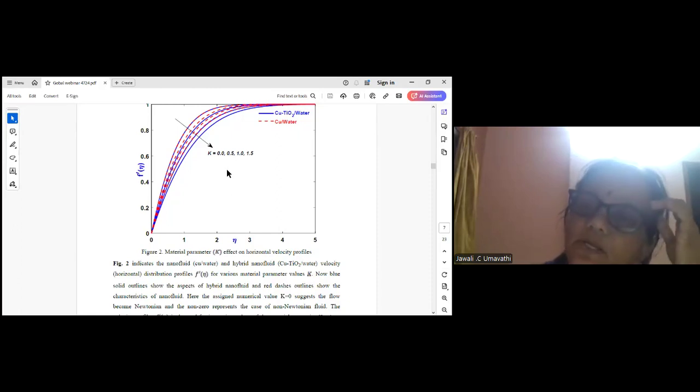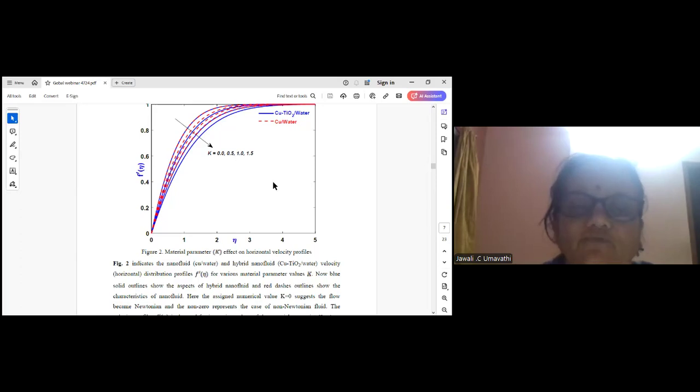One very important observation of the micropolar fluid is that when you go for material parameter K, if you go for 0.5, 1, 1.5, you see that after that there will be no variations. That means this material parameter is effective only in the range between 0 and 2, not more than that. 0 is of course Newtonian fluid. If you take 2 and more, there is no effect.